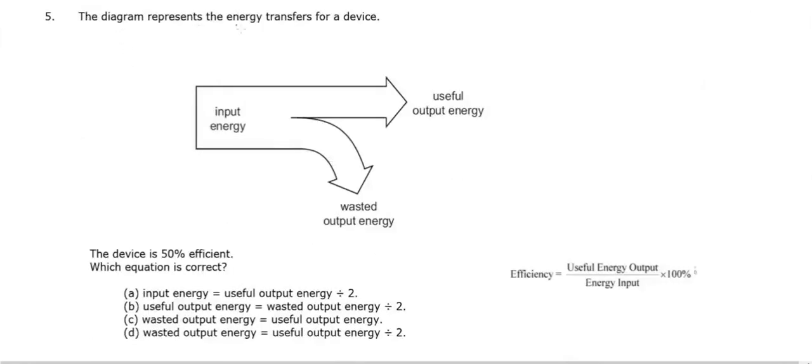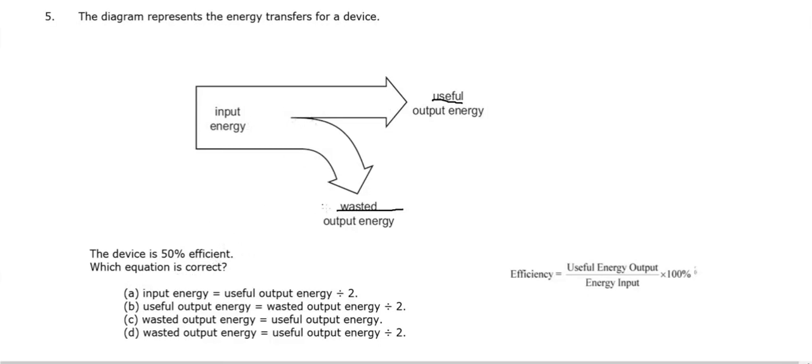Now the last question, you can see here the diagram represents the energy transfer for a device. So this is our input energy, and some amount of energy is useful energy and the remaining amount of energy will be wasted. And the device has a 50% efficiency. So which equation is correct?